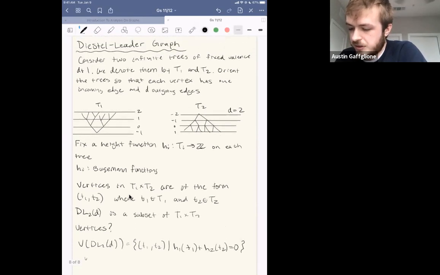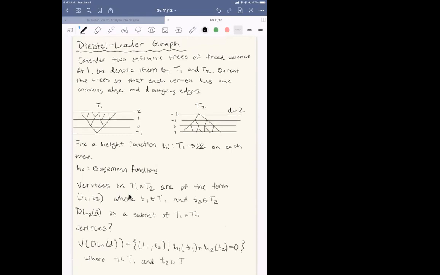And of course, I should have mentioned that t1 belongs to T1 and t2 belongs to T2.